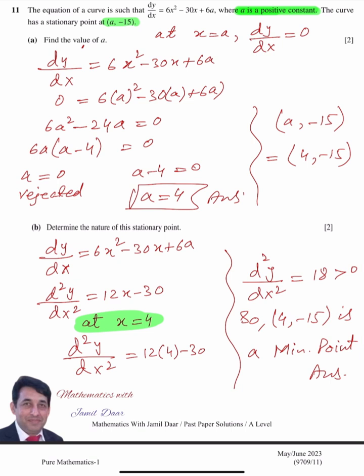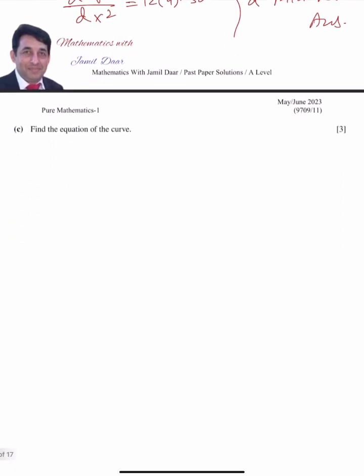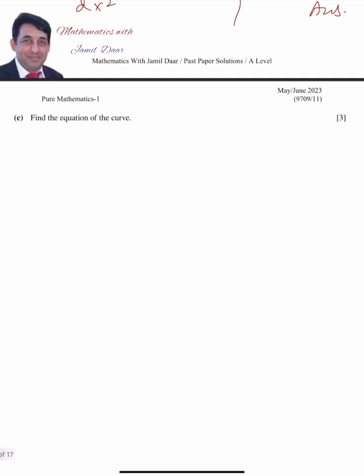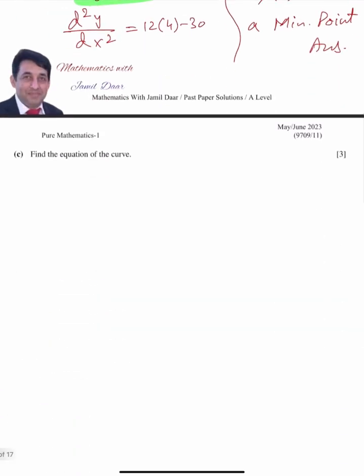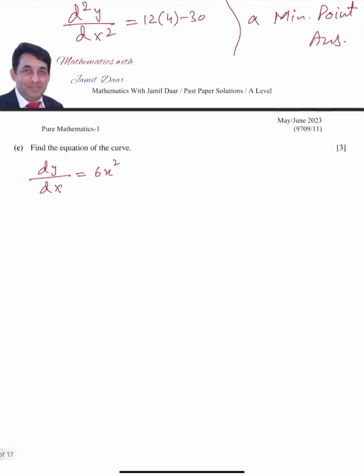Okay, so next is find the equation of the curve. We have to find out the equation of the curve. To find out the equation of the curve, you know that you are given dy over dx is equal to 6x square minus 30x plus 6a, 6 times 4, that will become 24.